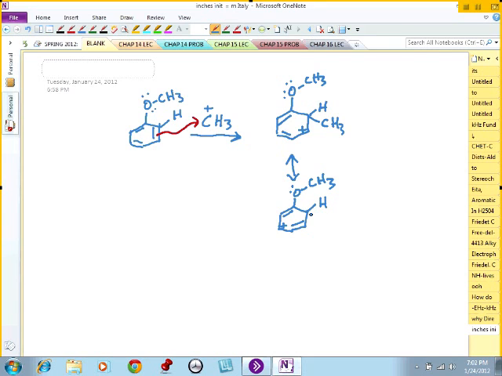And the hydrogen is here, and the electrophile that we added, which is the methyl group, is here. The positive charge is now here. Can we draw another resonance? Yes. What do we do? Move this to here. Very good.